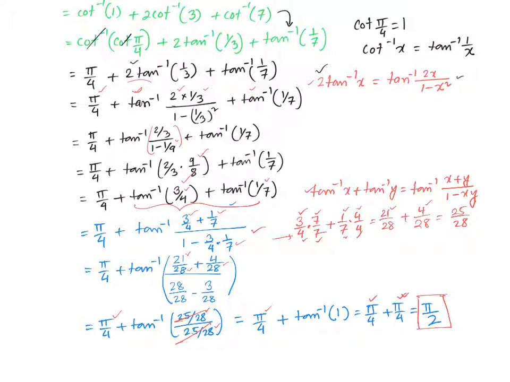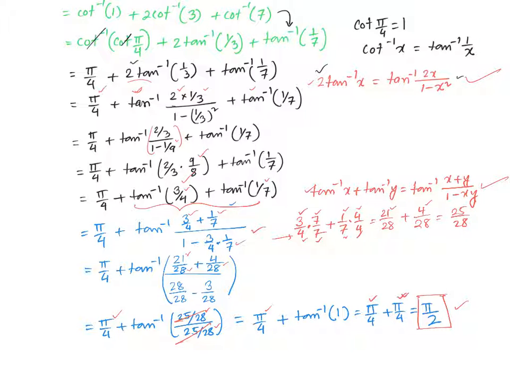So just to summarize things, here is what we have done in this problem. We started off with the left hand side, and then we basically applied these two formulas. One is this one, and the other is this one. And by applying these two formulas, we have come up with the right hand side.